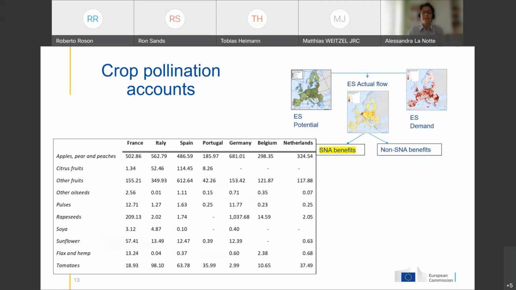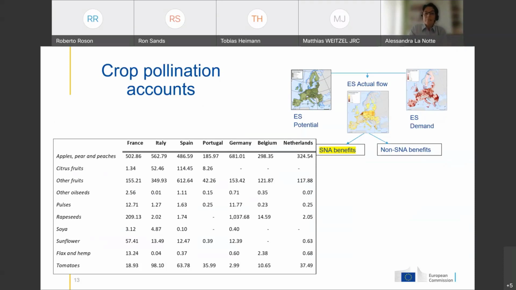From the accounting table, we start extracting this information, extracting only the pollination contribution to crops. So it's not the total crop provision, but only the pollination contribution to crop provision that is coming from the biophysical model that we are using.